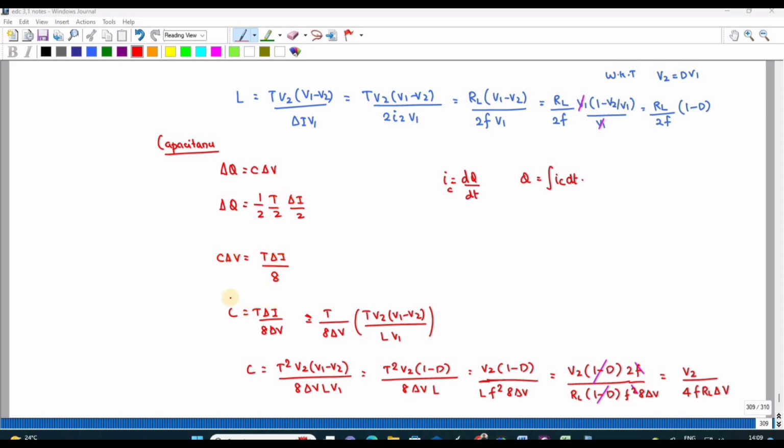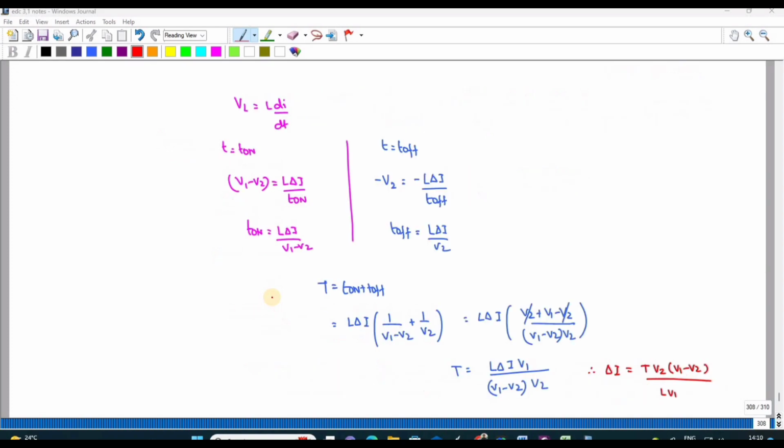So capacitance value is equal to T into del I divided by 8 del V. From the inductance equation, del I is equal to (V1 minus V2) V2 T divided by L into V1.